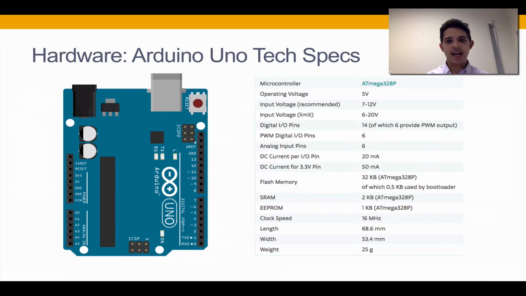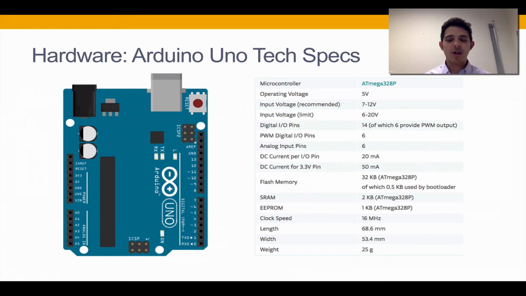Now, just like a computer, it has memory for which you could store your programs. In our case, the Arduino Uno has 32 kilobytes of memory to store your programs. As you can see, that's clearly a very modest amount of memory, so you won't be able to have very large programs or collect a lot of data just with the Arduino board itself.